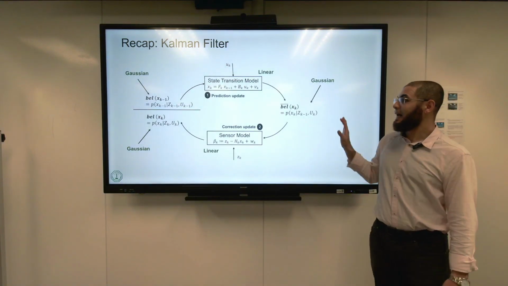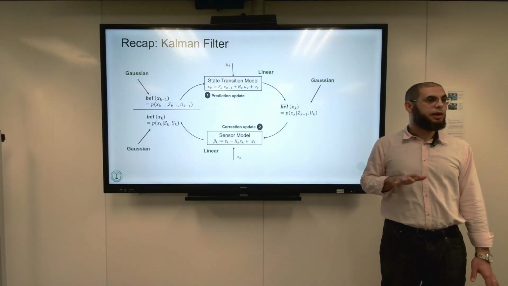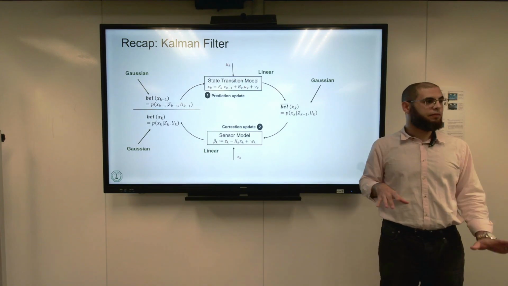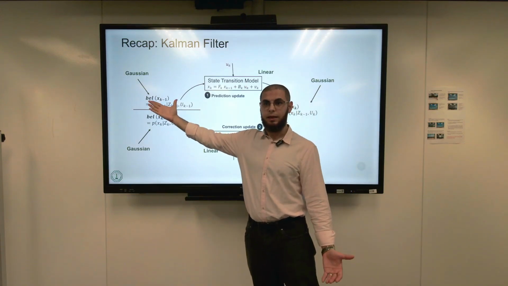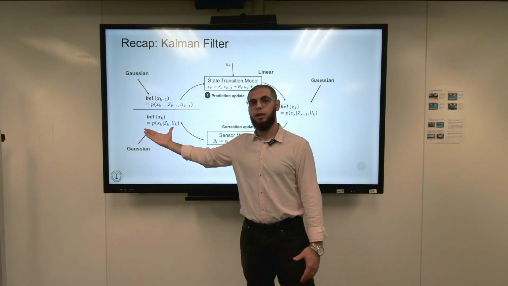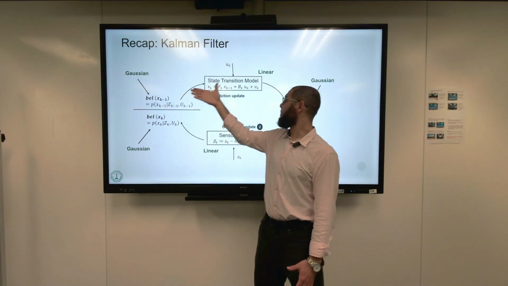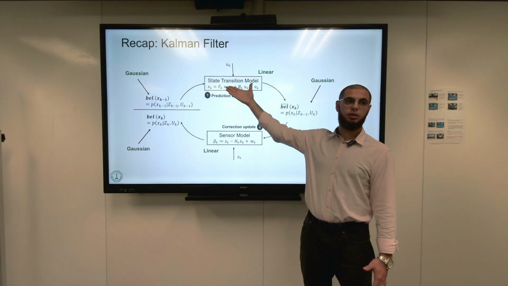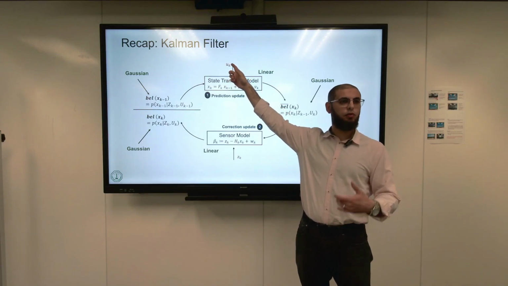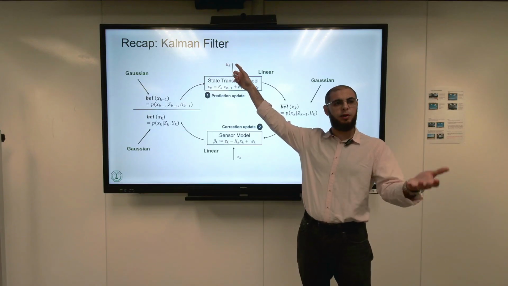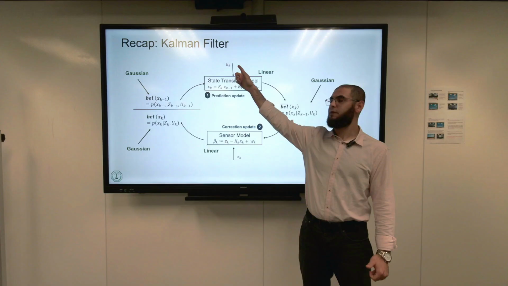And then we said that the Kalman filter is one implementation of the Bayesian filtering problem, where you start with a prior belief and then you update it into the posterior belief in two steps. You first do a prediction update using a state transition model, and with that you use the U. The U here was the input.